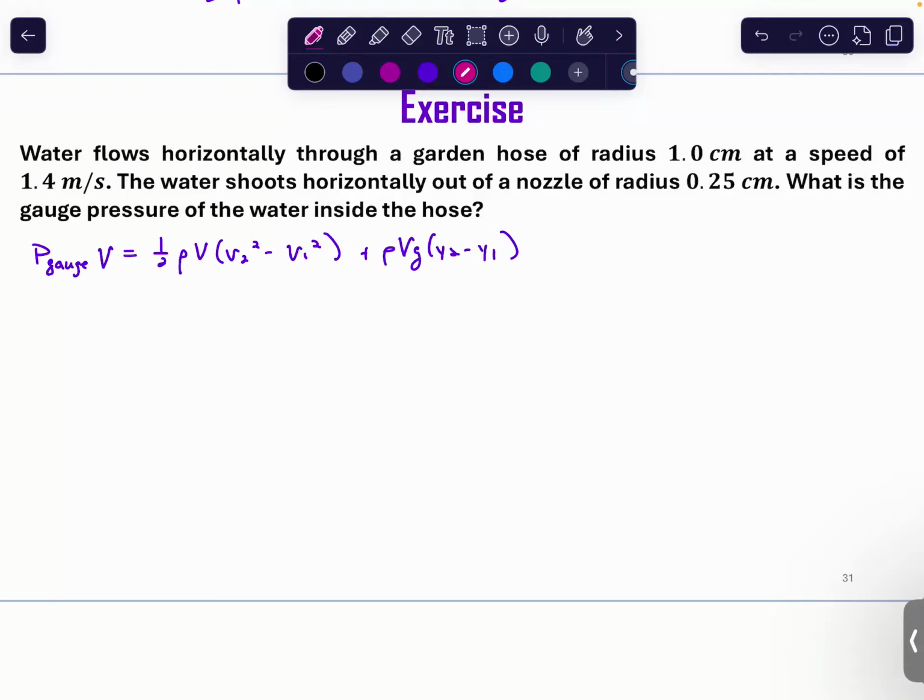What? Garden hose. Straight out. There's no change in altitude, so your potential energy goes to zero. Then, what else can cancel out? The volume.